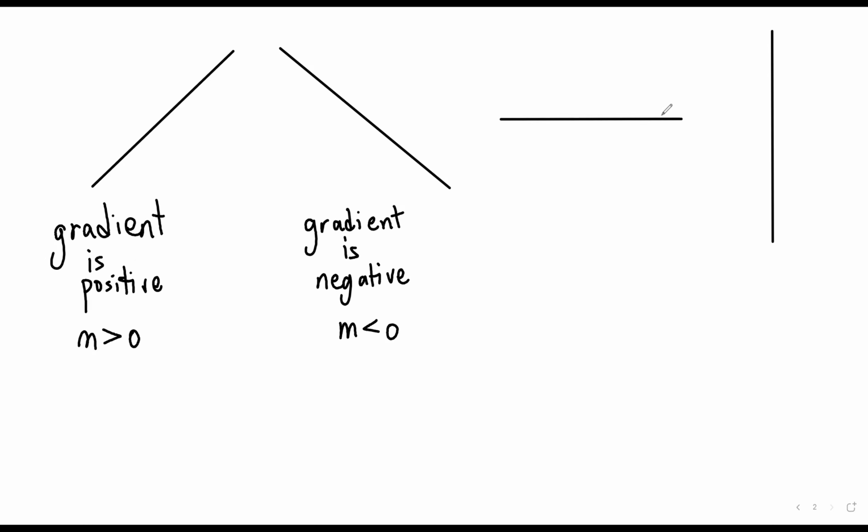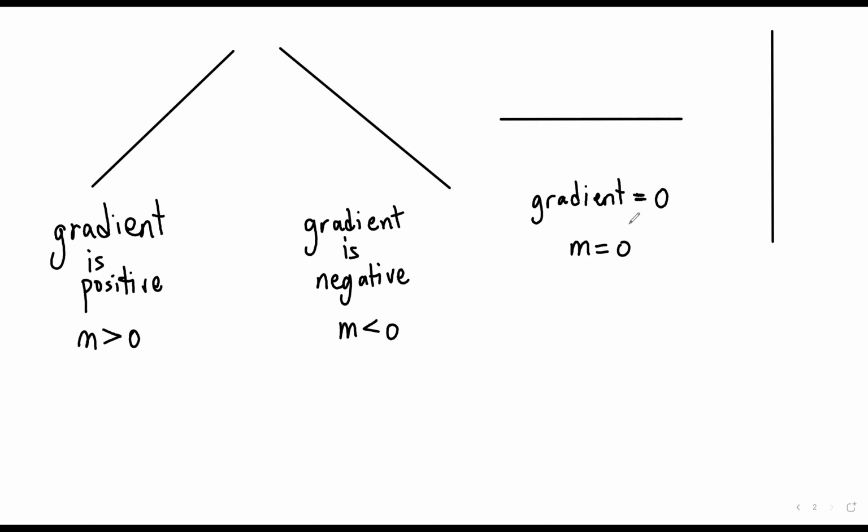Evan, what about a horizontal line? Do you know what kind of gradient a horizontal line has? Zero. Yeah, correct. The gradient is 0. So it has no slope, right? The gradient measures the slope of a line. So for a horizontal line, m is equal to 0.